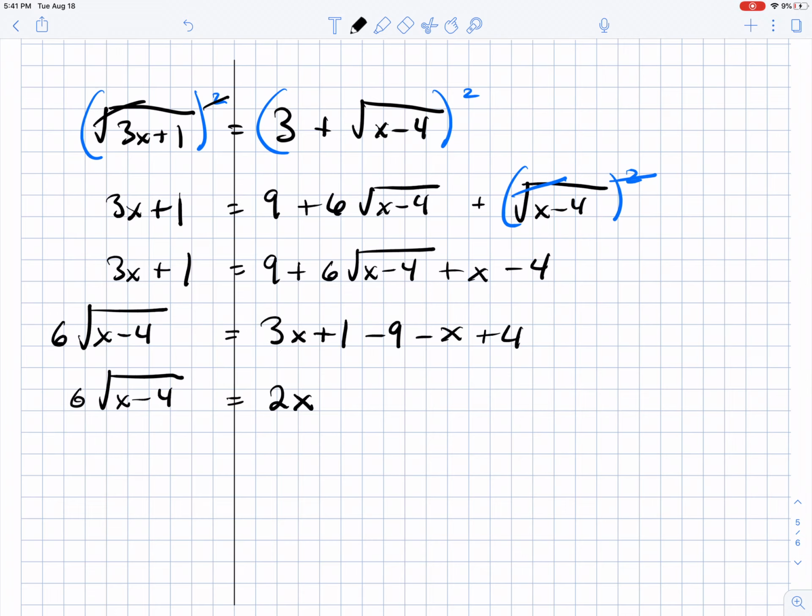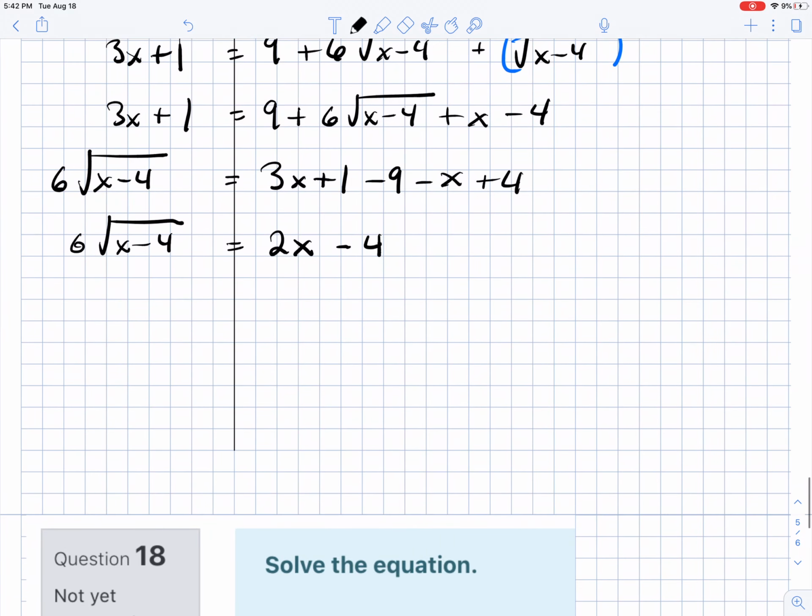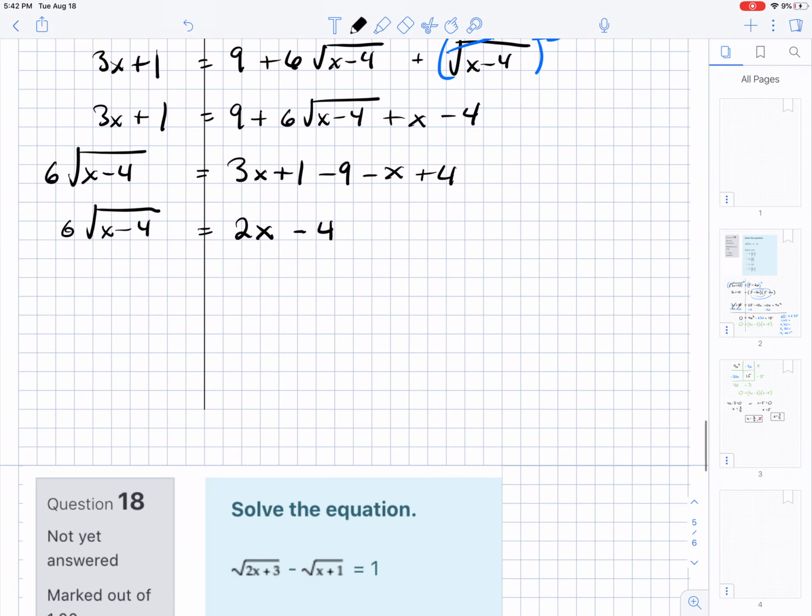Let's see. 1 plus 4 is 5. 5 minus 9 is what? Negative 4. So that's going to be negative 4. Okay. So now we've isolated the radical. We've combined like terms and simplified as best we can.